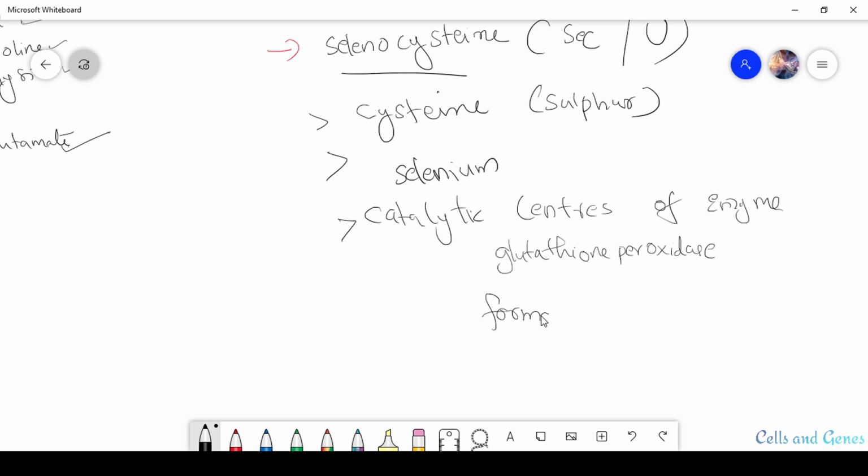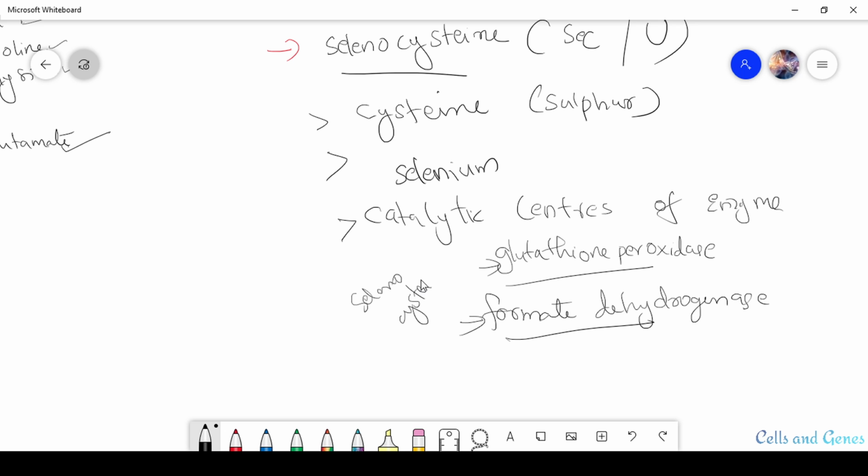So we can find selenocysteine inside the catalytic centers of glutathione peroxidase and formate dehydrogenase.